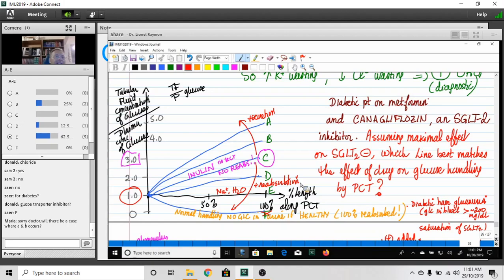Not for glucose, Maria, because there's no pump to secrete glucose. But many substances are secreted. For example, drugs like penicillins, weak bases like atropine, they're secreted. You know that PAH is used to monitor secretion. Is that okay, Maria? So A and B can occur, but not for glucose.